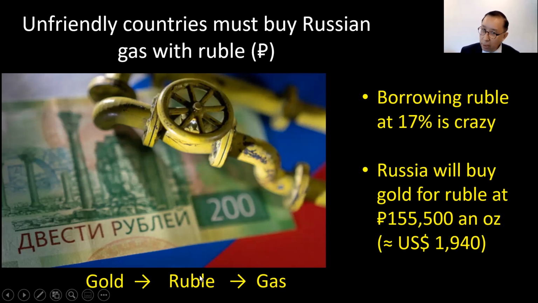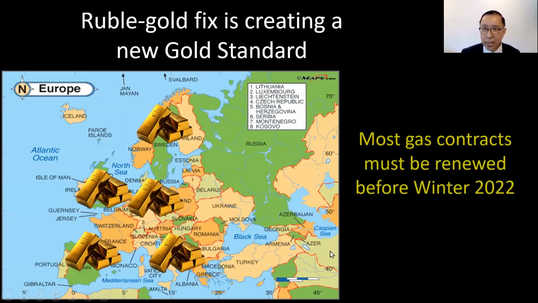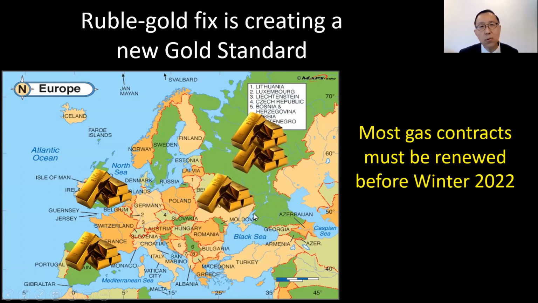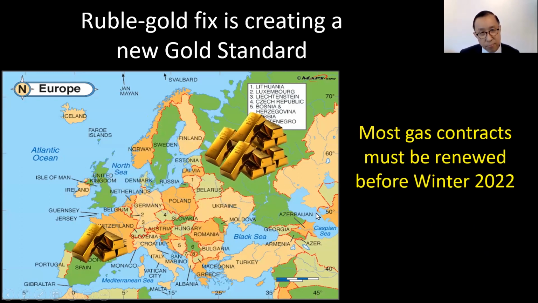You don't want to borrow rubles because it's too expensive, 17%. So what do you do? You have to sell your gold for rubles. So what happens is that eventually, if this goes ahead, then a lot of gold in Western Europe will flow to Russia. In fact, this fix of gold to ruble is like setting a new gold standard.